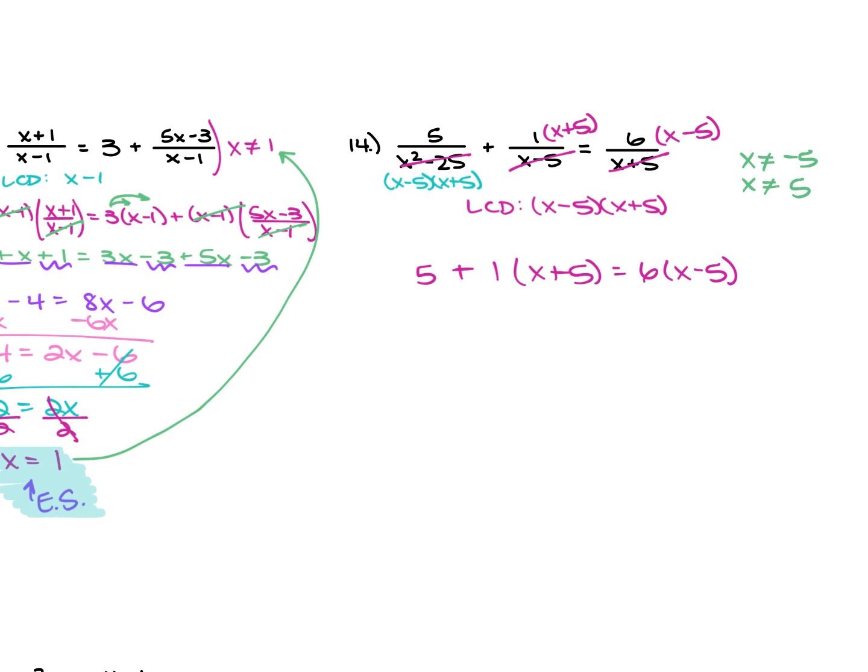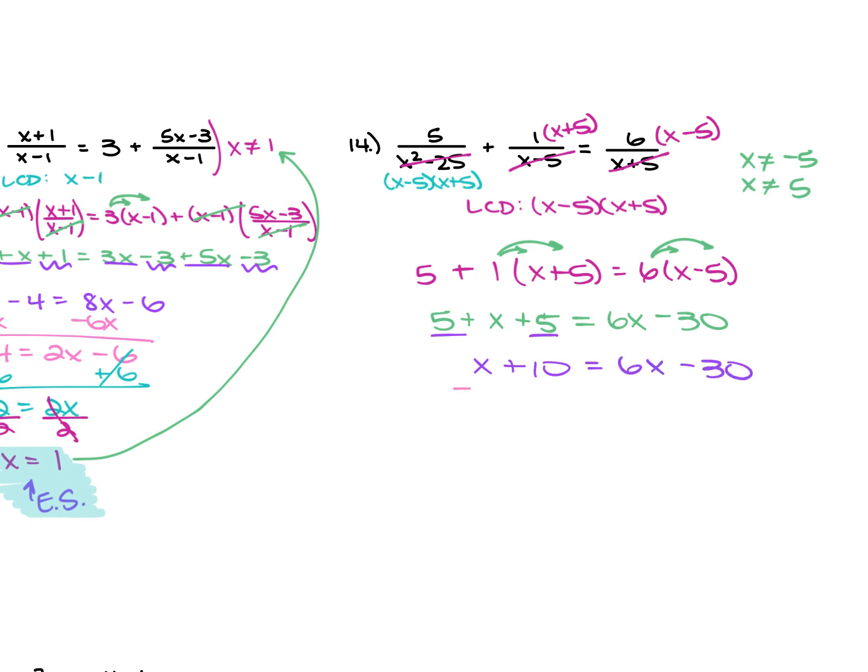From here, distribute the 1, distribute the 6. This leaves you with 5 plus x plus 5 is equal to 6x minus 30. Your 5 plus 5 combined to give you x plus 10 is equal to 6x minus 30.